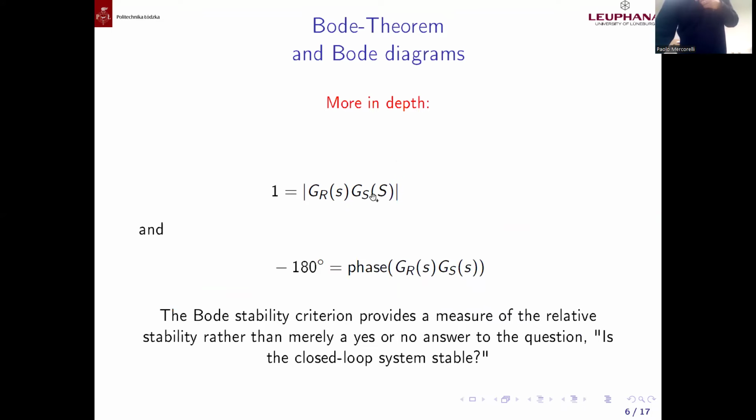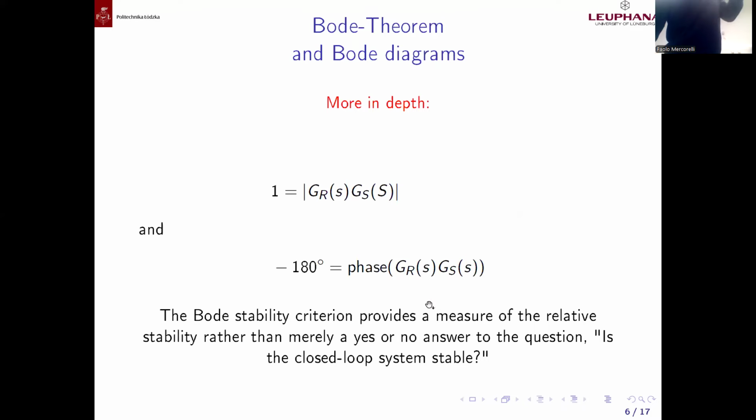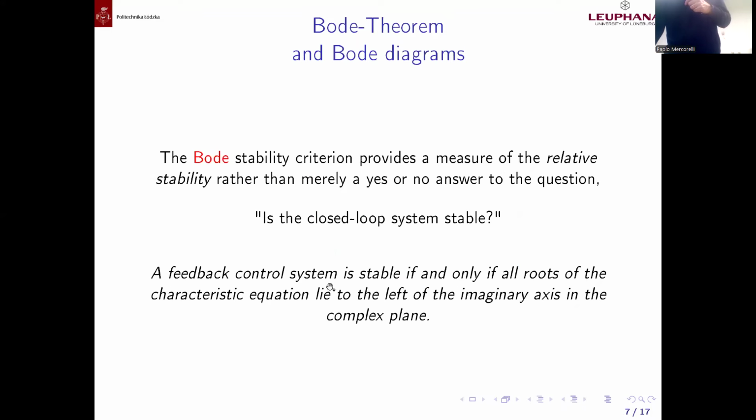Now, for GR multiplied GS in S, not in amplitude, we can define a critical frequency at which we have the phase minus 180. This means I wonder if there exists a critical frequency for GR multiplied GS at which we have minus 180. Please pay attention now.